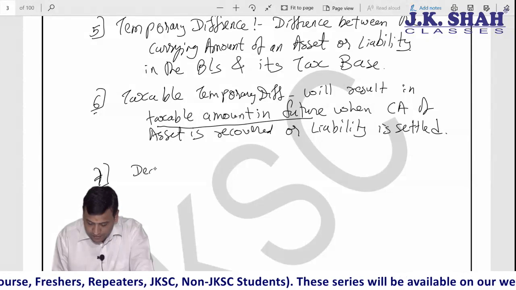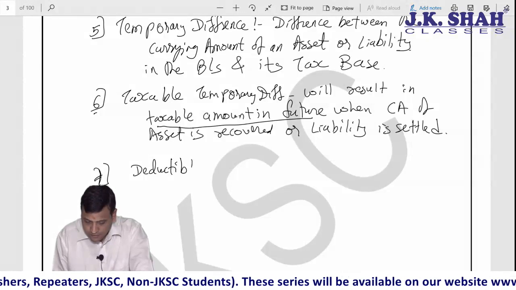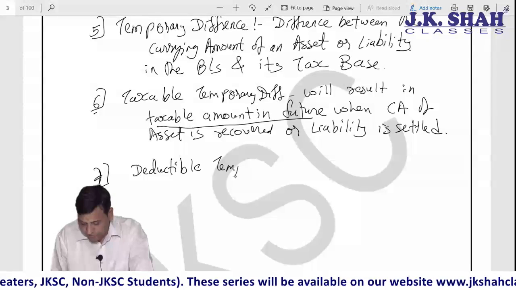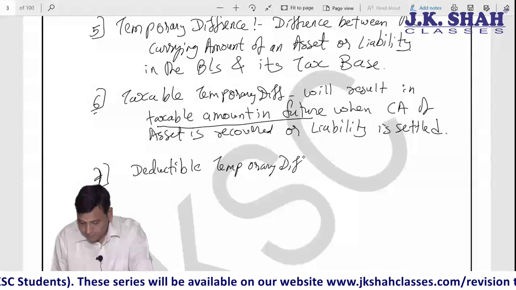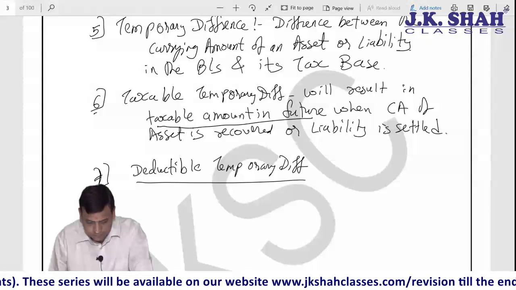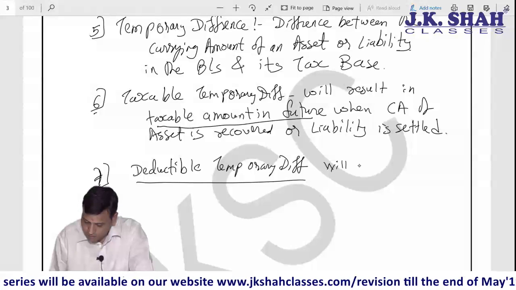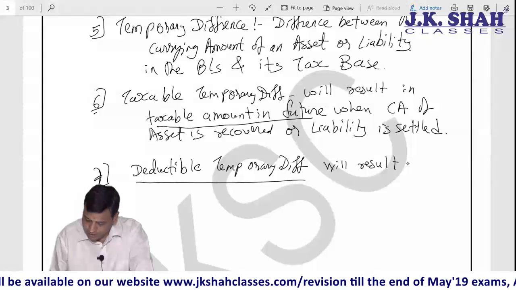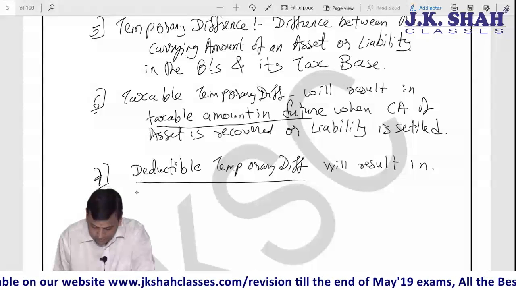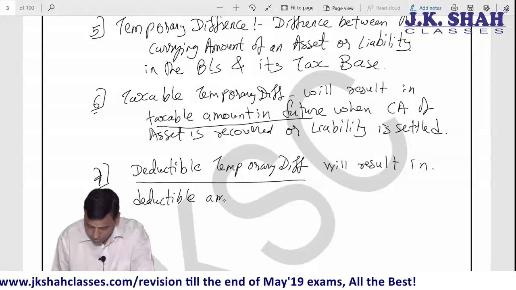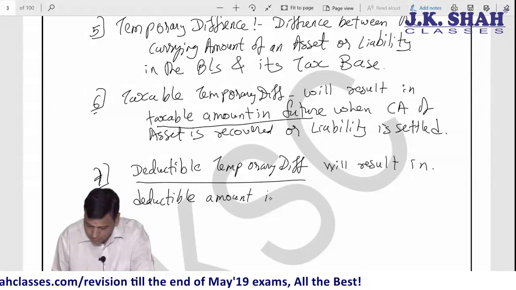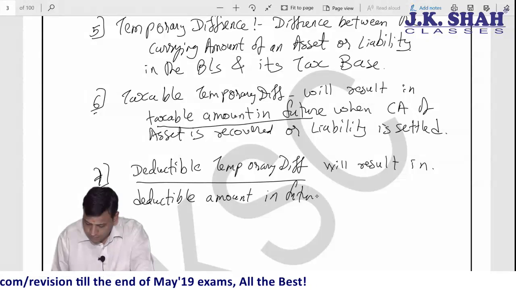Same way, deductible temporary differences. What will result in deductible amount in future?